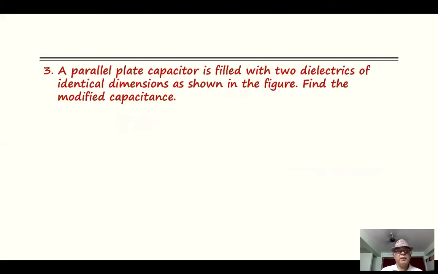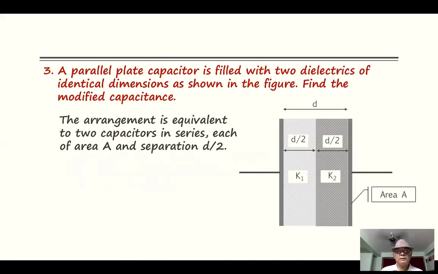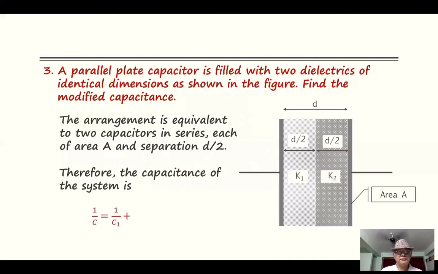Number 3. A parallel plate capacitor is filled with two dielectrics of identical dimensions as shown in the figure. Find the modified capacitance. The arrangement is equivalent to two capacitors in series, each of area A and separation d by 2. Therefore, the capacitance of the system is 1 by C equal to 1 by C1 plus 1 by C2, where C is the capacitance of the system.